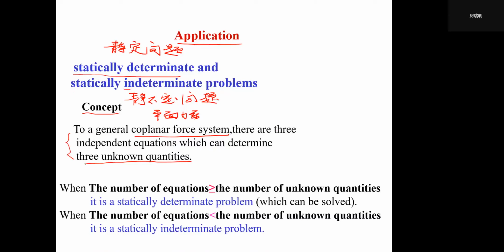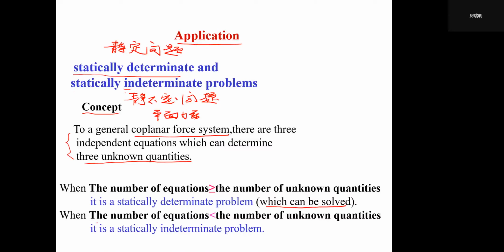So according to this, when the number of equations is greater than or equal to the number of unknown quantities, we call this kind of problem a statically determined problem, because it can be solved, right?